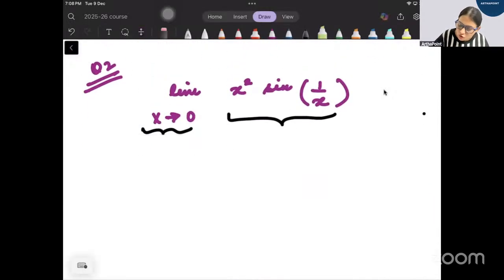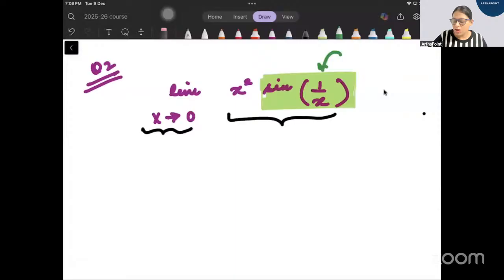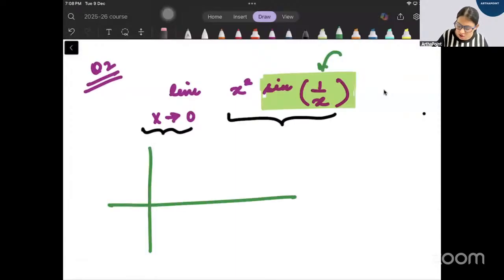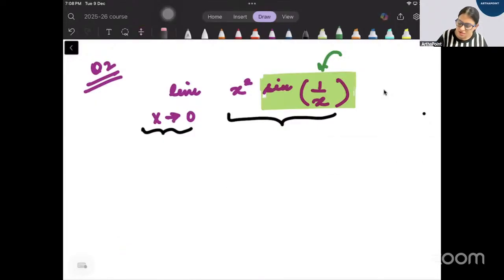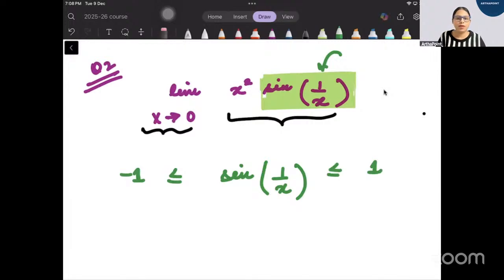Whenever we talk about the function sine x, whatever the angle is does not matter. Sine is always bounded, upper and lower, by 1 and minus 1. So when I write sine 1 by x, this will always be between minus 1 and 1. Now, this is this part.